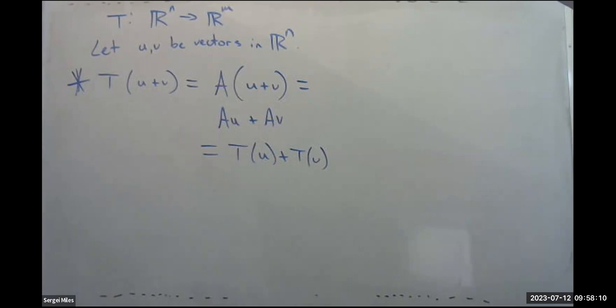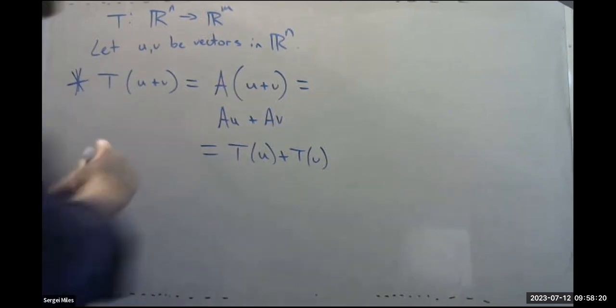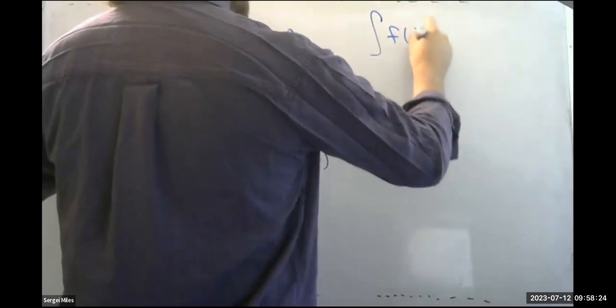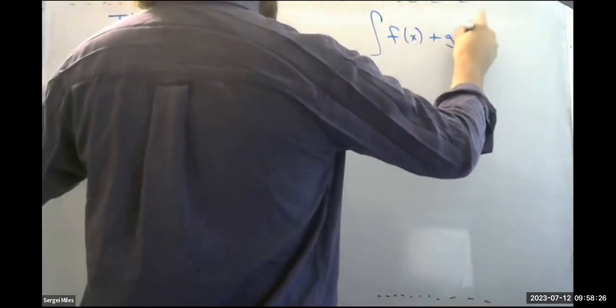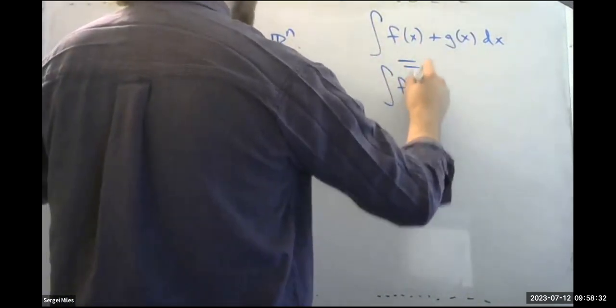What's special about this is what it means to be called a linear transformation. If you've taken calculus, the integral does the same thing. If you have the integral of two different functions being added together, you can break it apart into two pieces.